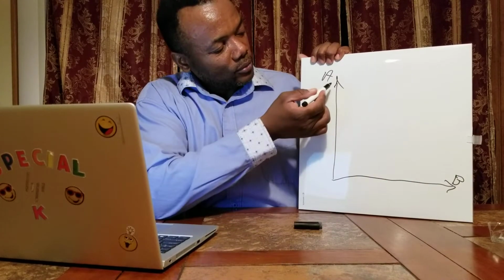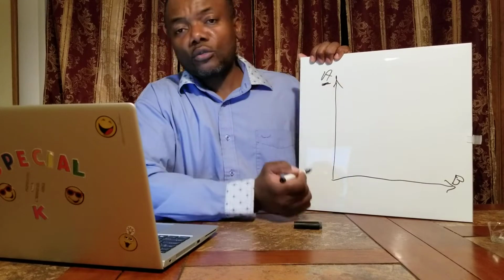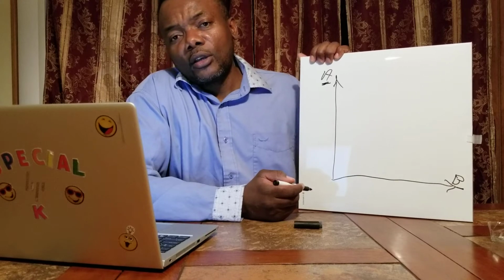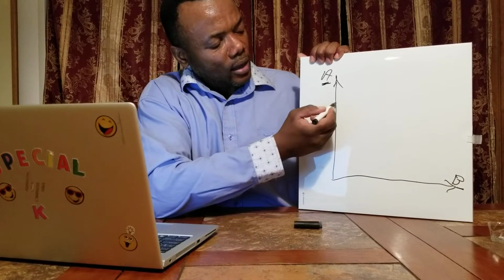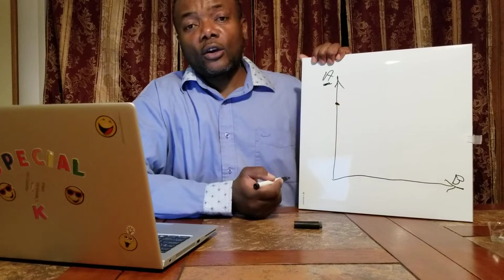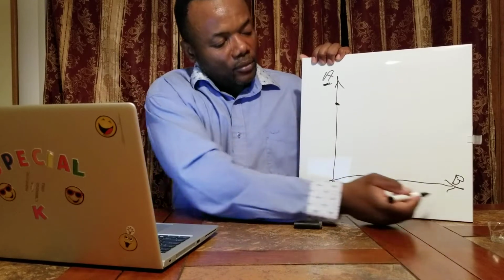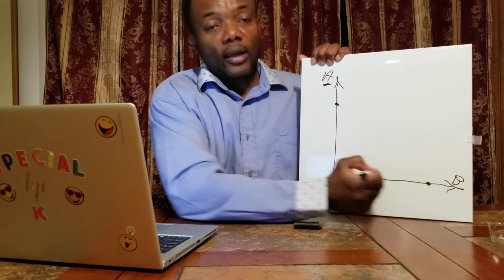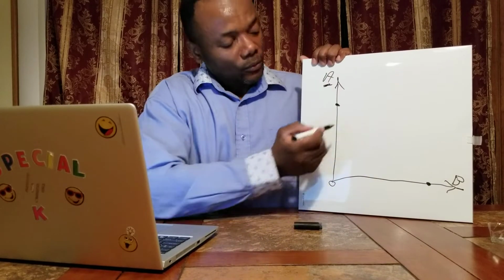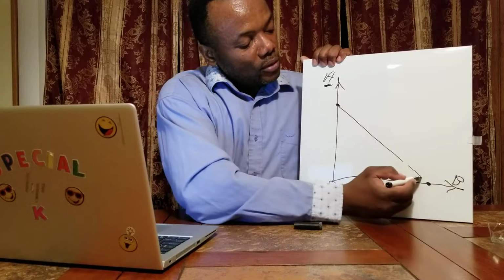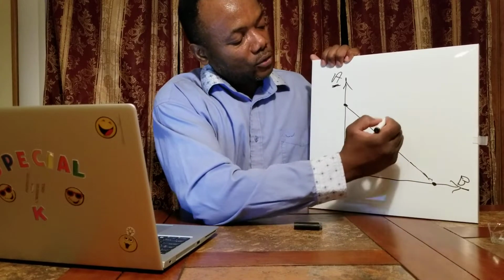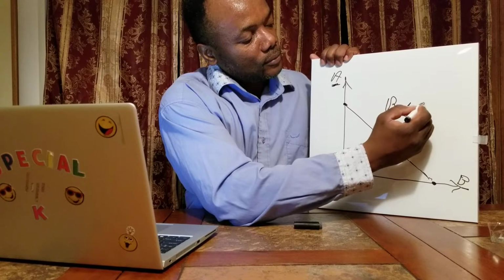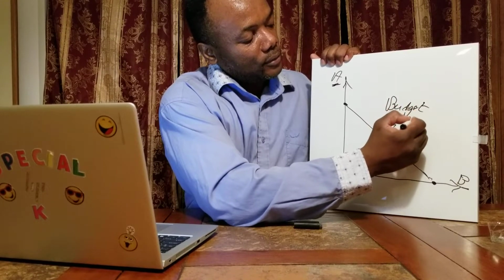So this will be the quantity consumed of product A, and that is the quantity consumed of product B. The budget constraint represents how much total of A can I consume if B is 0, or how much of B can I consume when A is 0. And when I join these two, I have what I call my budget constraint. So that's my budget constraint.